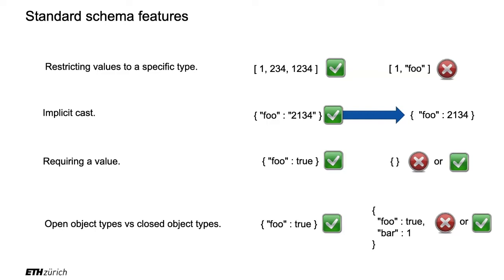So if you read in the data lake, in the text 2134 that you tried to validate against an integer, then the answer is yes, that's valid. That is actually a literal that can be interpreted as an integer. But this 2134 that you see on the right, which is the implicit cast, so you cast it to the type that you validated against, in memory, it will not be stored as 4 bytes, 2134.